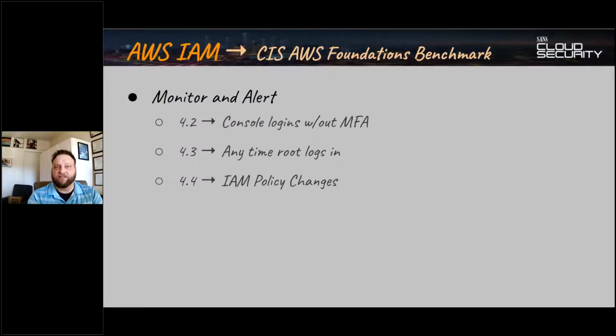A couple more CIS Foundation benchmarks for IAM. Again, it's not just the first section. We've got other stuff we want to talk about. I mentioned monitoring and alerting. Ensure you have a log metric filter and an alarm that exists for management console logins without MFA.